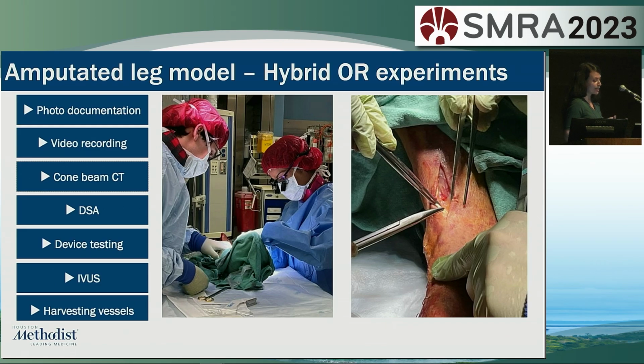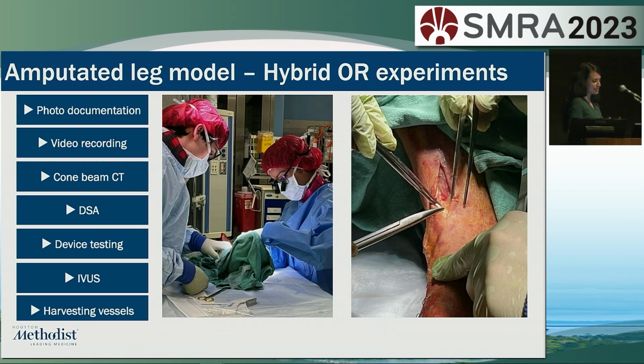And we have devised this novel model for impartial and robust assessment of PVI devices, considering their direct mechanical effects on the vessel wall, and also considering their size, to personalize device choices and treatment planning for these PAD patients.